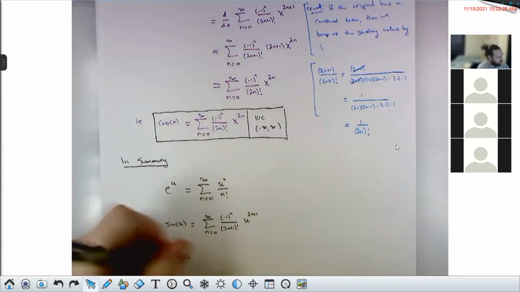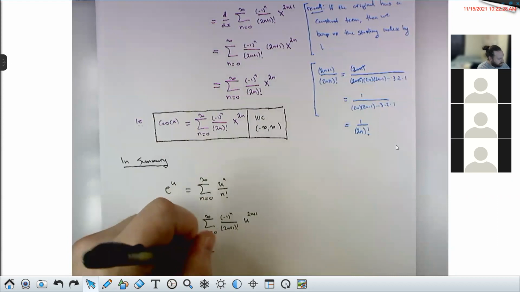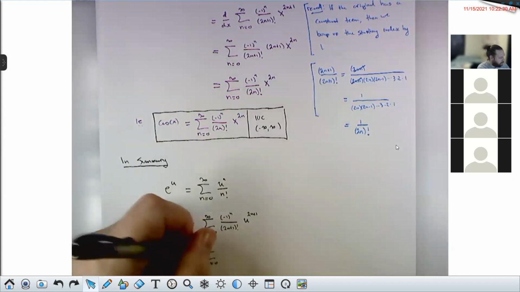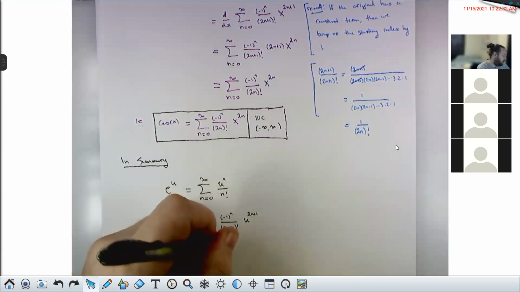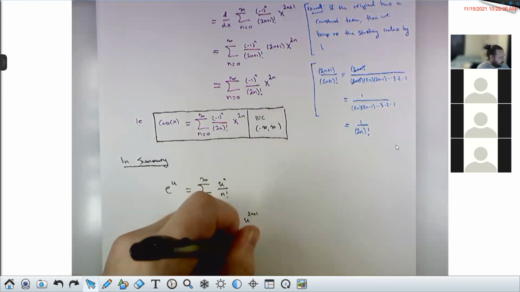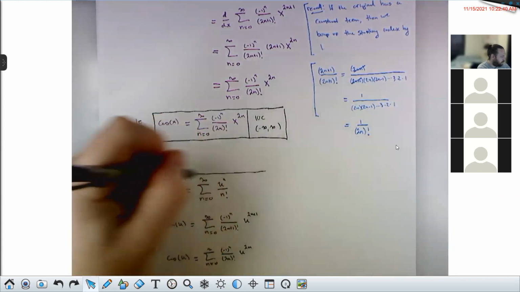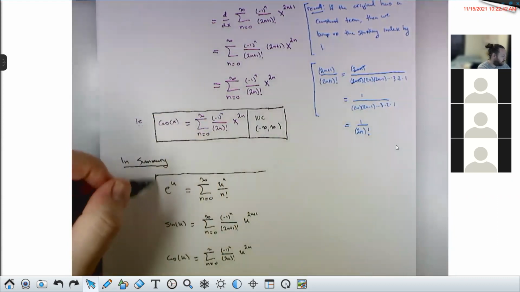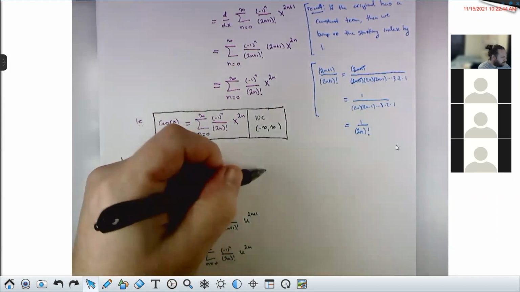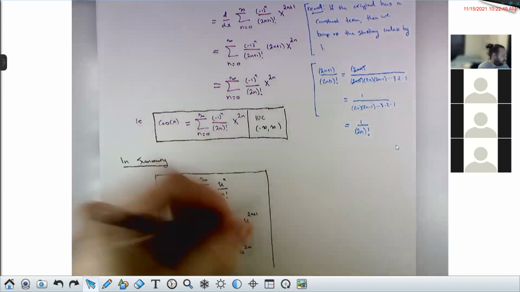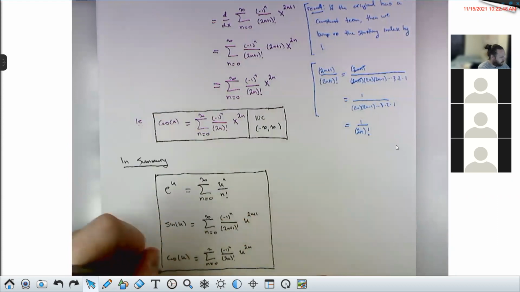And cosine of u can always be written as sigma n from 0 to infinity, negative 1 to the n over 2n factorial times u to the 2n. These may be the 3 most important facts in the world. And I'm not just saying that.